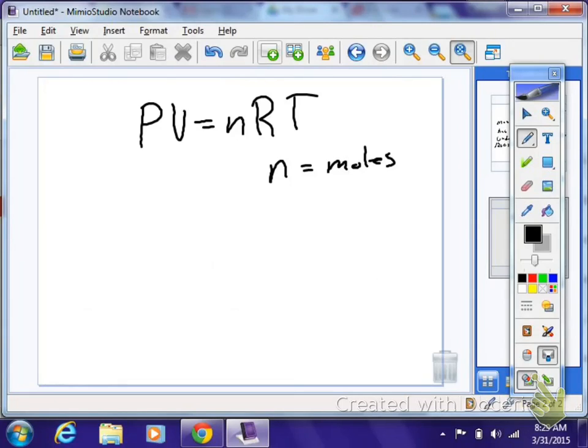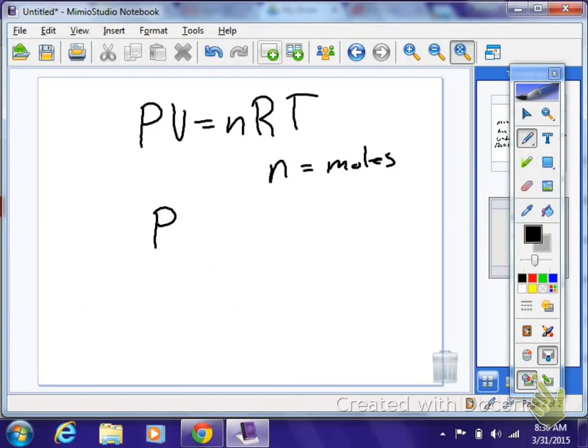So as you increase or decrease moles, the volume or the pressure changes, because you got more molecules packed in, more pressure. Fewer molecules, less pressure, if volume stays constant.